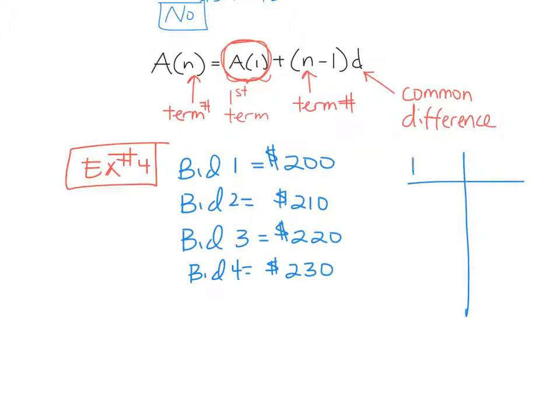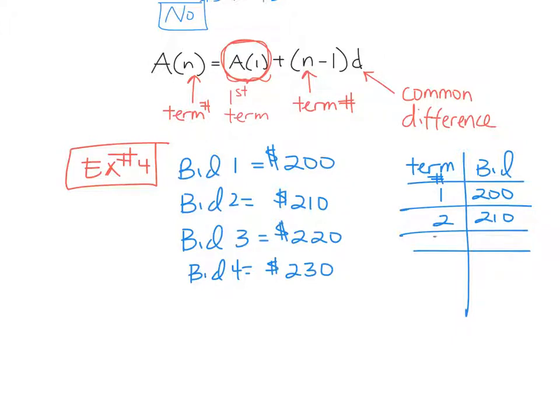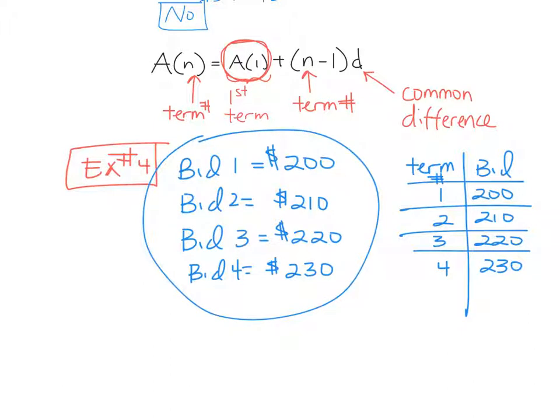So this is the term number, and this is the bid amount. So our first bid was 200. Our second bid was 210. Our third bid was 220. And our fourth bid was 230, okay? You don't have to do the T-chart because this is essentially giving you that same information, but if you like to see it in a T-chart, you may do it like that, okay?